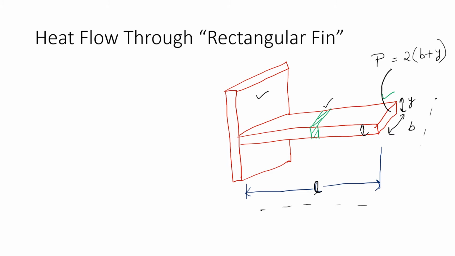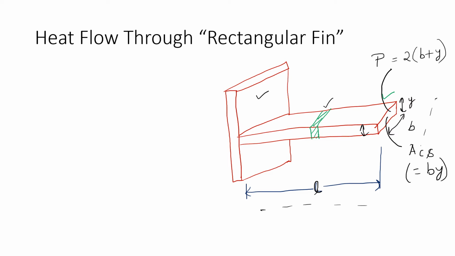I will only give you the boundary conditions and different parameters to derive the equation. We have to calculate the cross-sectional area. This is our A_cs. I'm representing this with A_cs. This is our area of cross section, which can be calculated by the formula b times y.